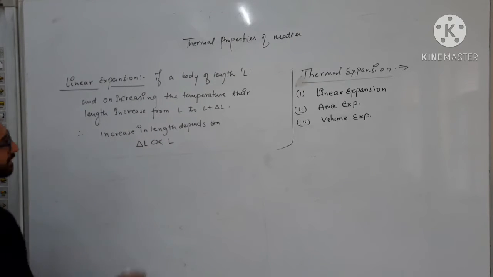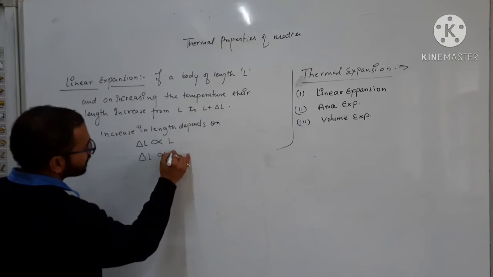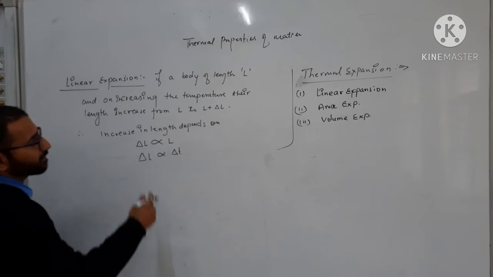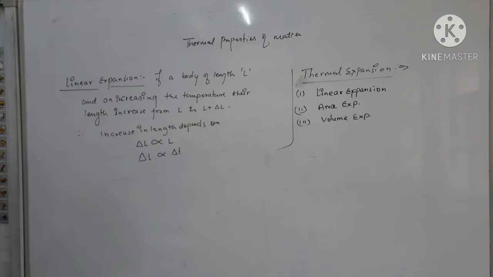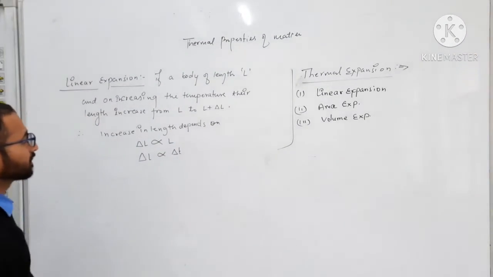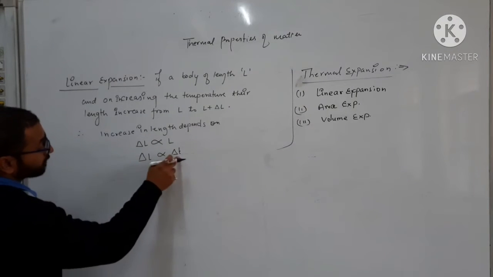Point clear? Second, the increase in length depends on the change in temperature of the body. The initial temperature is T1, and on increasing the temperature from T1 degree Celsius to T2 degree Celsius, the change in length is delta L. So it depends on this also.